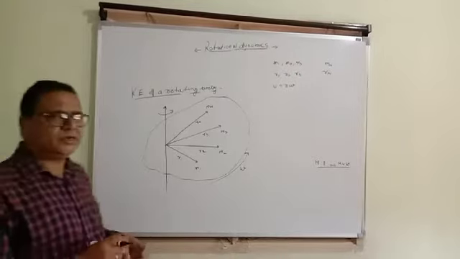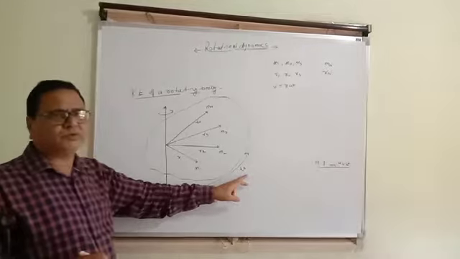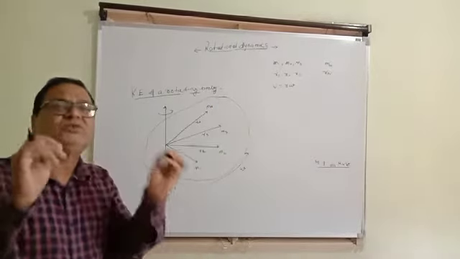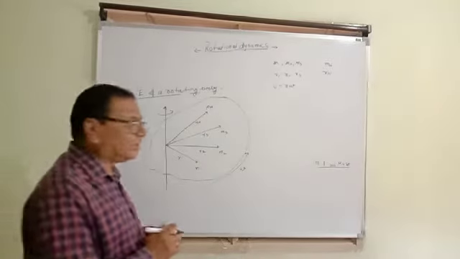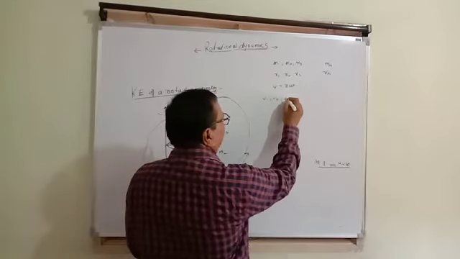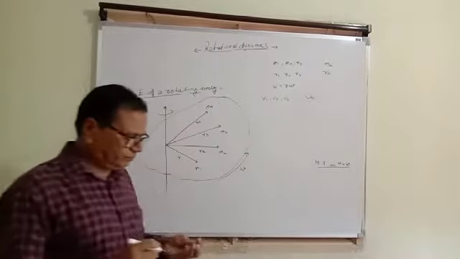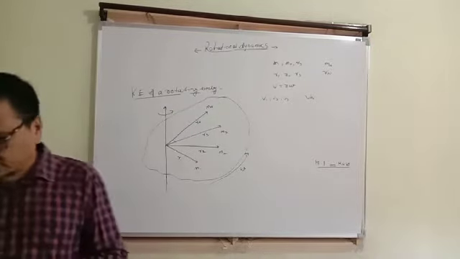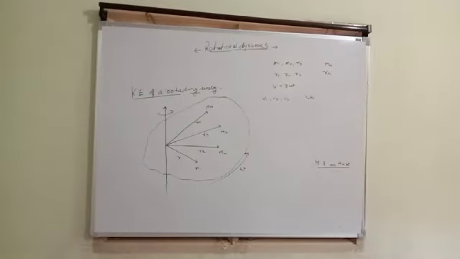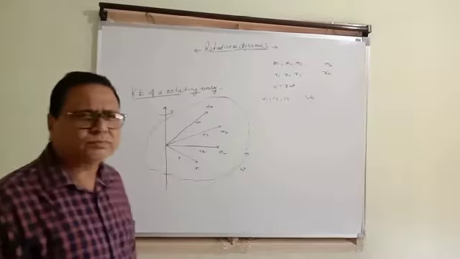Or we can state that every particle rotates with the same angular velocity, but their linear velocities are different. This is the physics part. So v1, v2, v3, dash, vn are their linear velocities. Once we understand the physics part, we can go to the derivation.